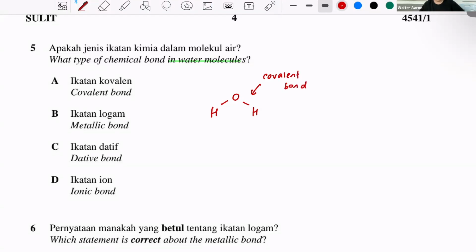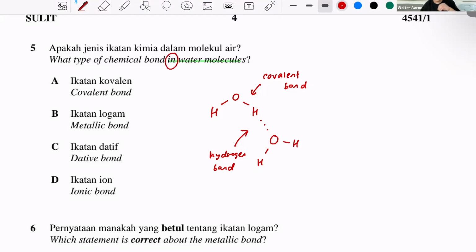The other one will be, for example, if the hydrogen is close to the oxygen from another water molecule, then this will be called hydrogen bonding. In this case, they say inside the water molecule.